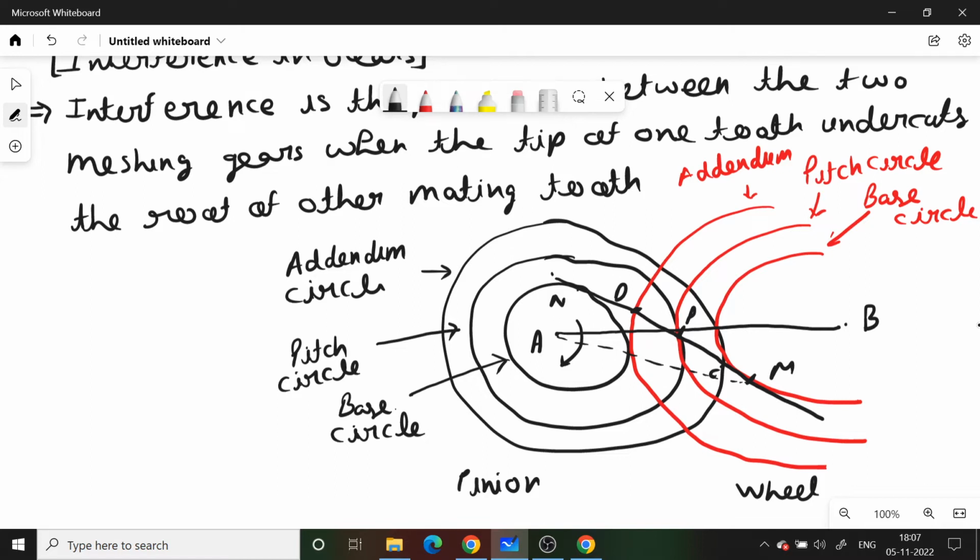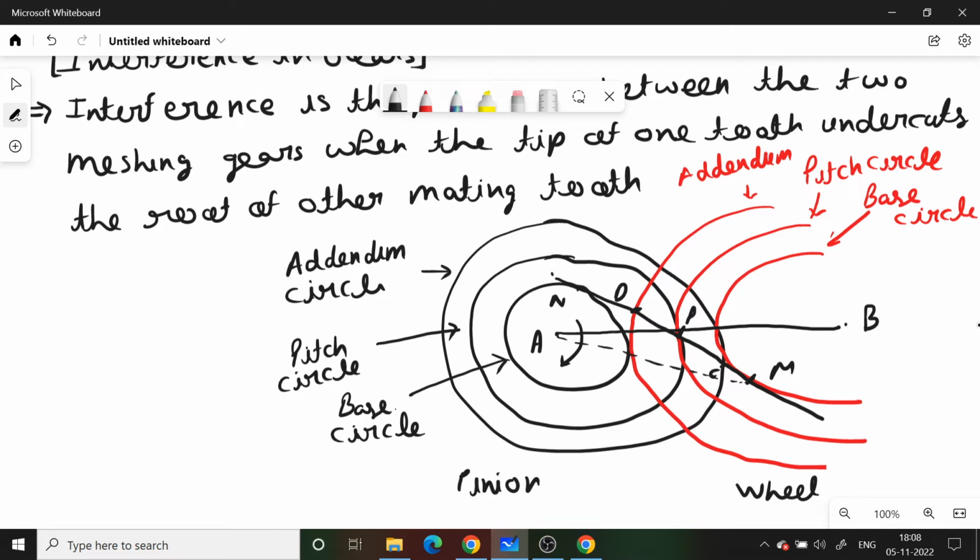Now, if the radius of the addendum circle of the pinion is increased, the point C shifts to M. The point C will coincide with M if the radius of the addendum circle of the pinion is made equal to AM. If this radius AM is further increased, the point of contact will be inside the base circle of the wheel.